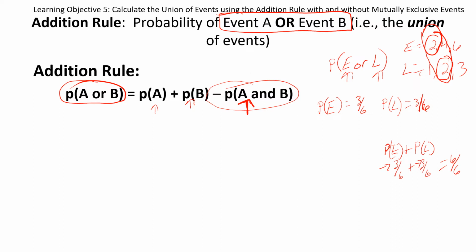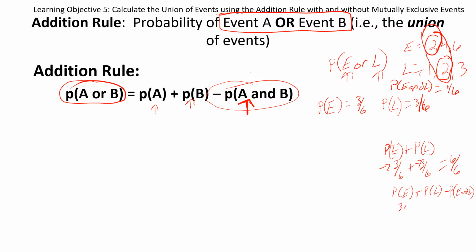So by subtracting the probability of A and B, in this case the probability of even and low, which is equal to 1 over 6 because 2 is in both of them, we do the probability of even plus the probability of low minus the probability of even and low.